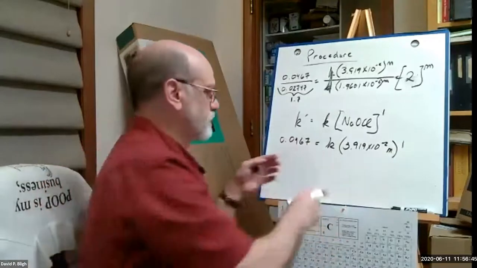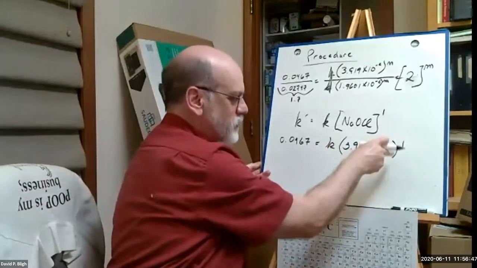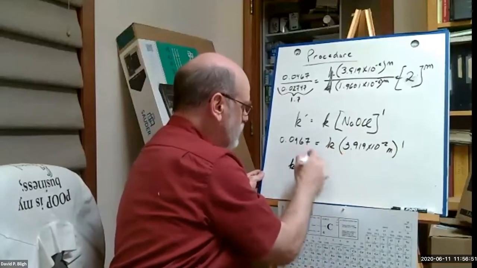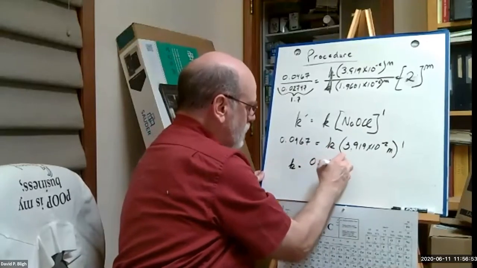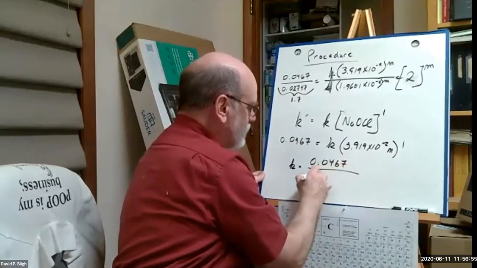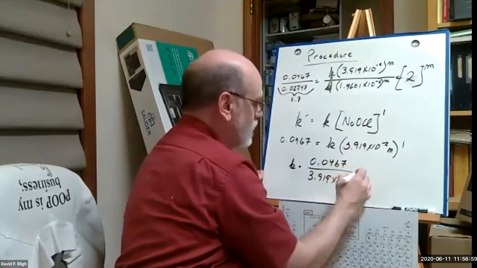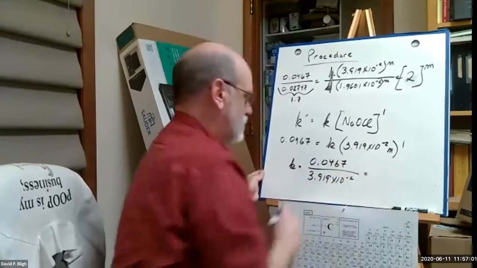Solve it. So that means since this is to the first power, it's just that number, and K then is equal to this one divided by this one. Right?